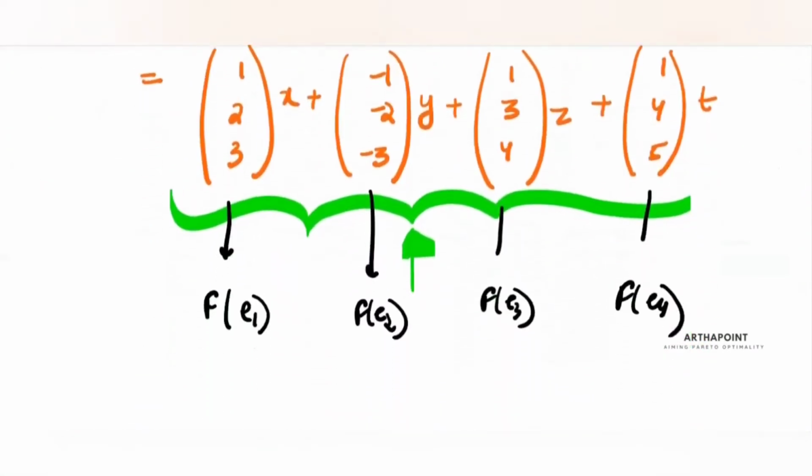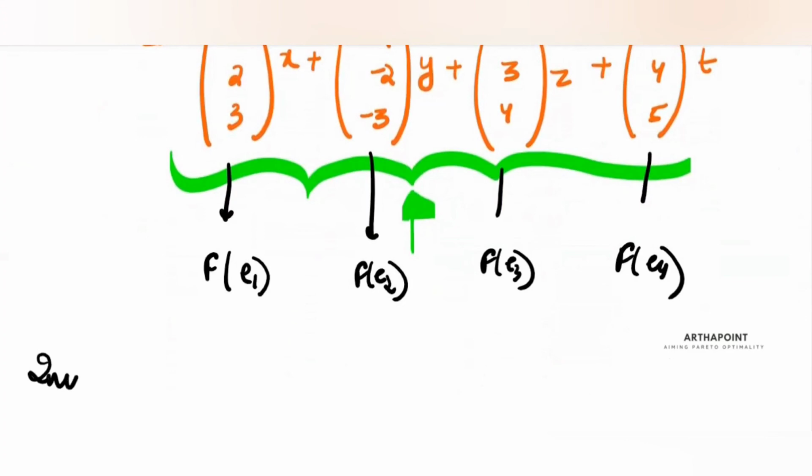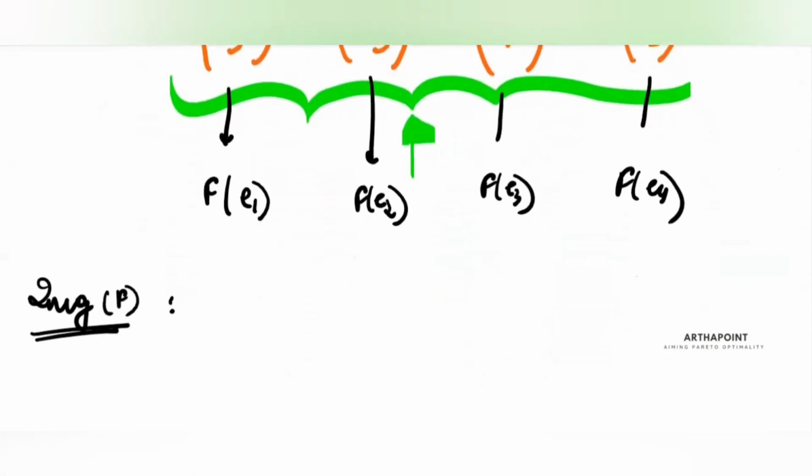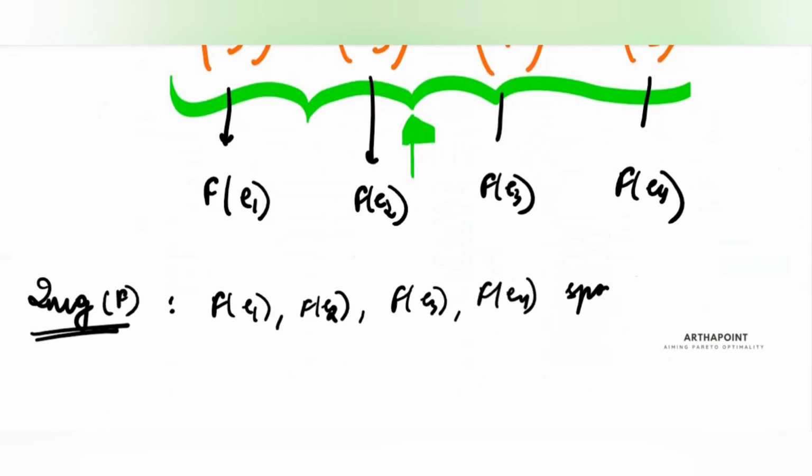So the image of my function is nothing but these individual vectors which are spanning my function. So f of E1, f of E2, f of E3, and f of E4 span image of f and hence are part of image of f.